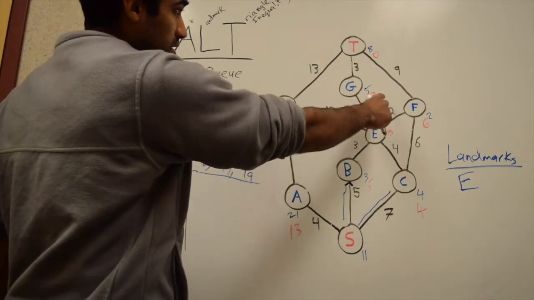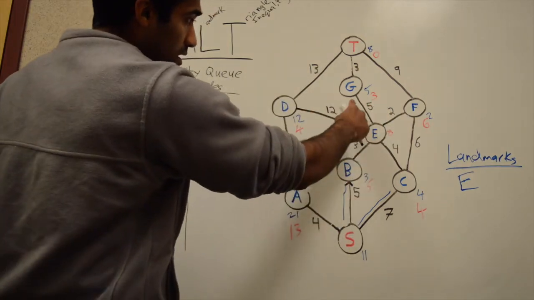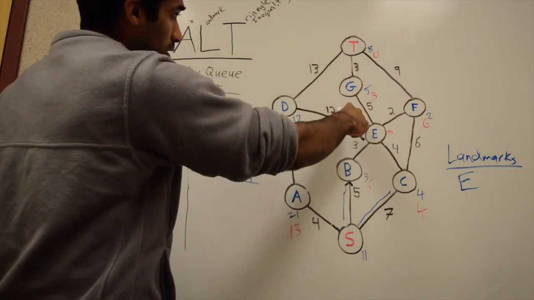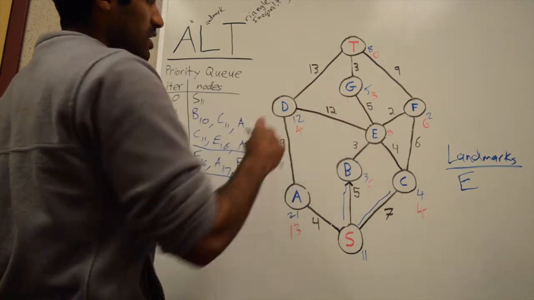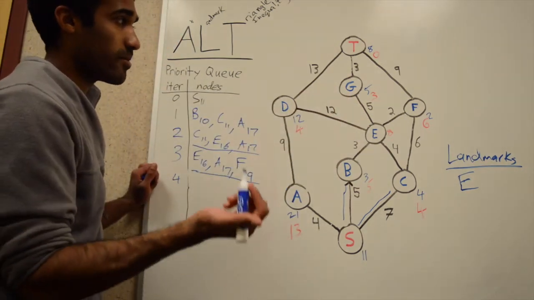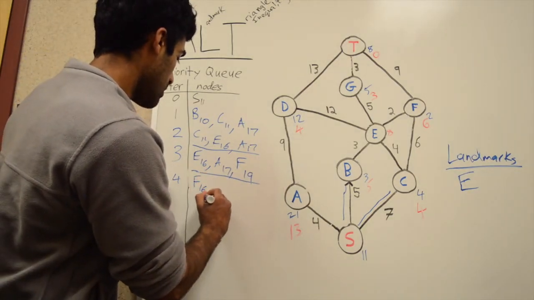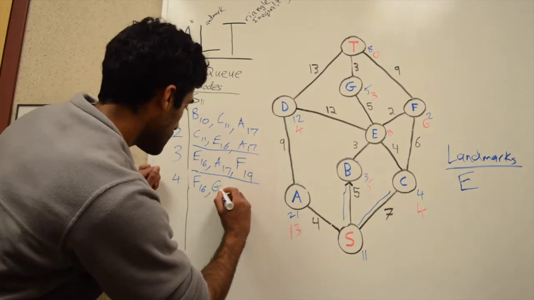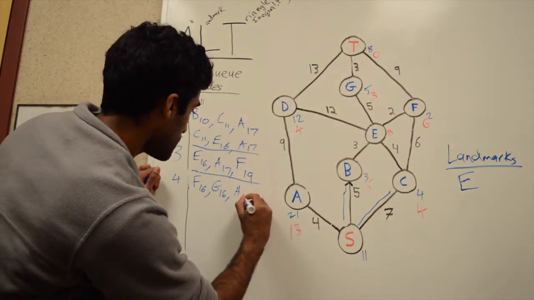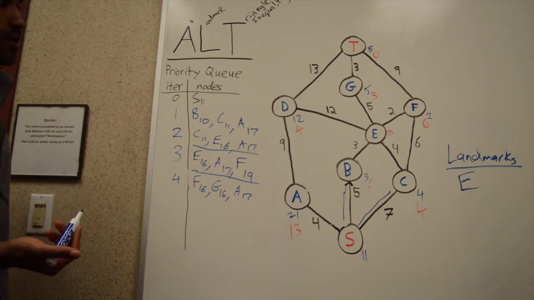G has a heuristic value of 3 and a distance from S of 13. So G's total value is also 16 here. And so when we add them, we'll just break the tie using alphabetical order. So we'll say it's F16, G16, and A17.